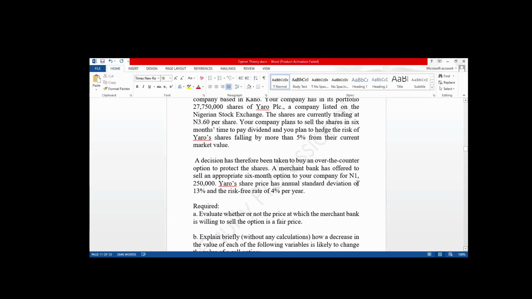Yaro share price volatility is given as an annual figure, and the risk-free rate is 4% per annum.